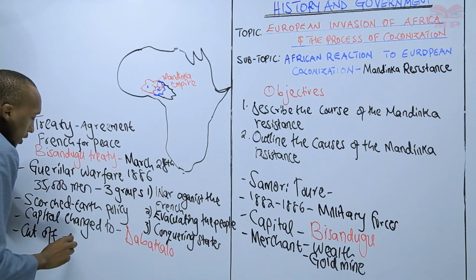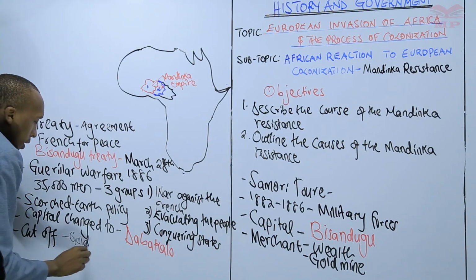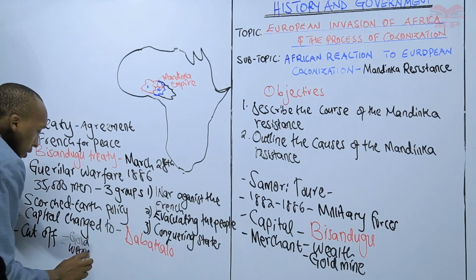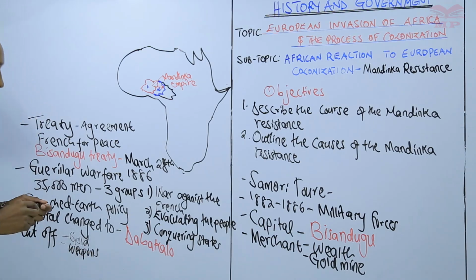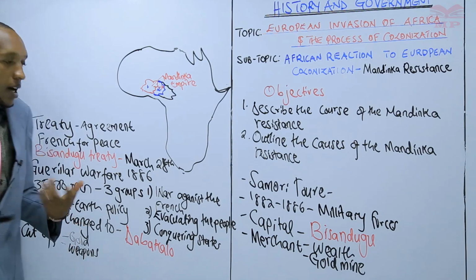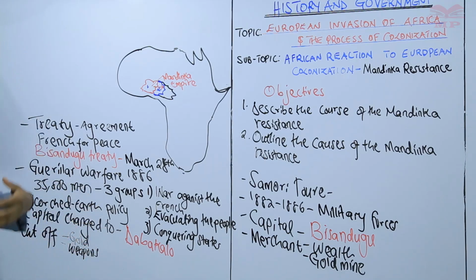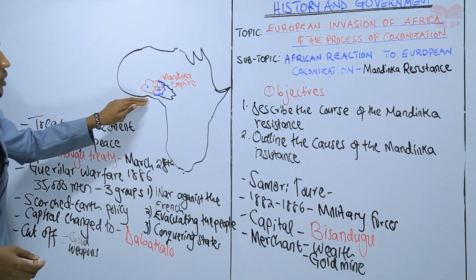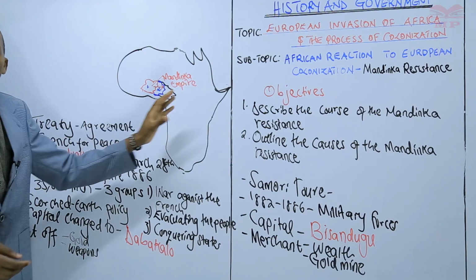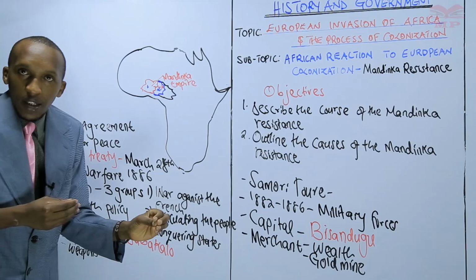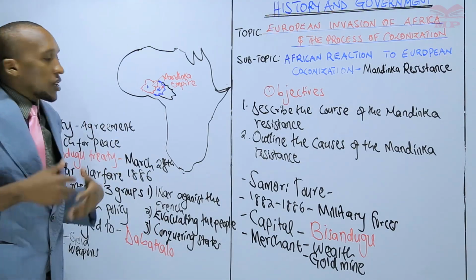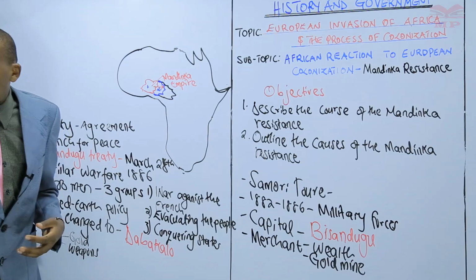He could not get the gold, neither could he get the weapons that he got through the trade. Remember, the weapons he was using, some he was manufacturing himself, but others he could get from the coast. But now he has been moved far away, so the trade links he had had been cut off. So this put him at a disadvantage.